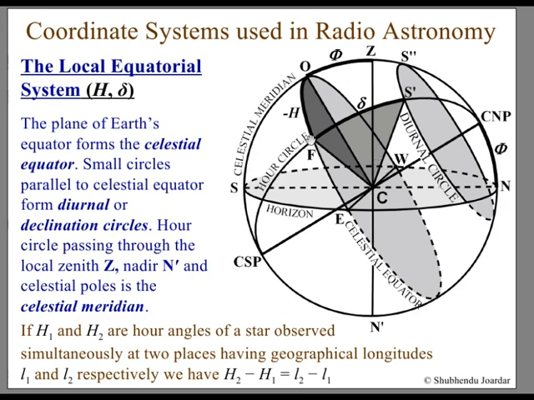Now you can relate this circle with time, because this 360 degrees rotation will take place in 24 hours, or to be more accurate, you can take the sidereal time, which is 23 hours 56 minutes and a few seconds.